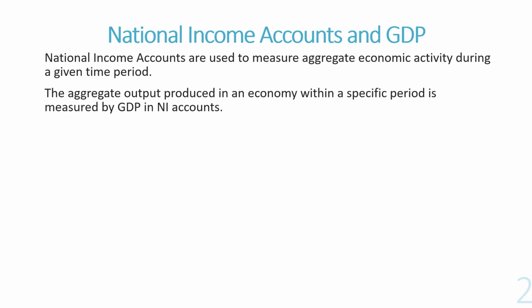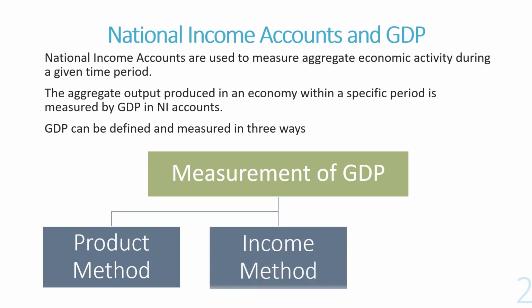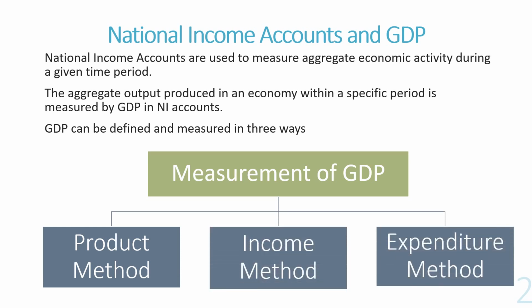The GDP can be defined and measured in three ways. One, the product method. Second, the income method. And the third is expenditure method. Today, we shall go through all these three methods in detail.